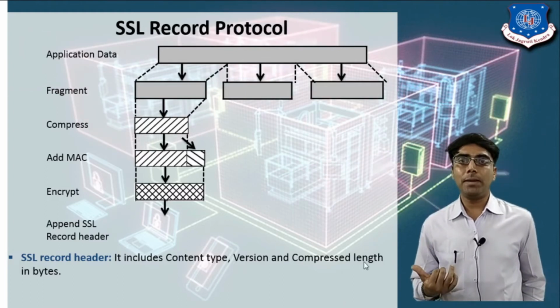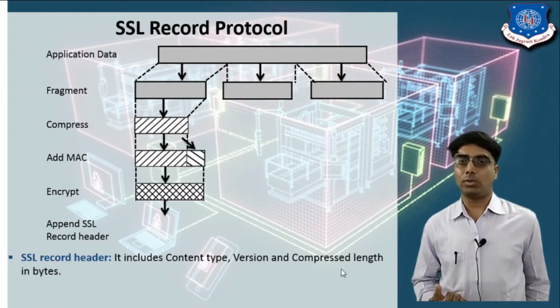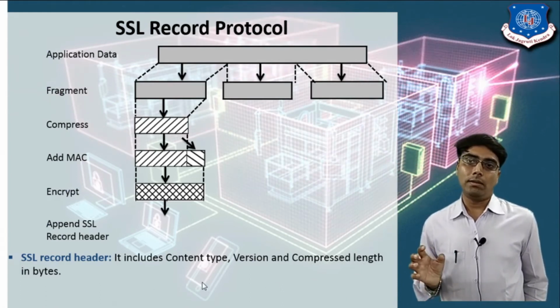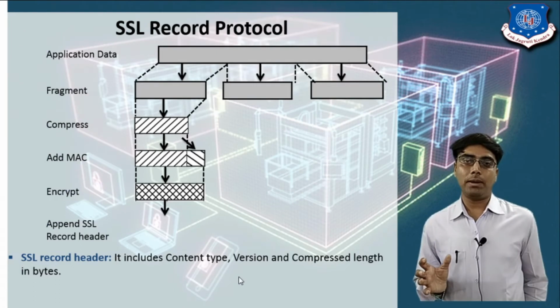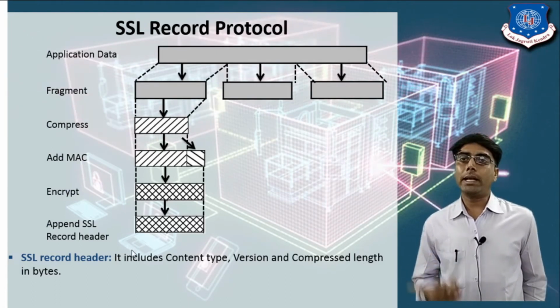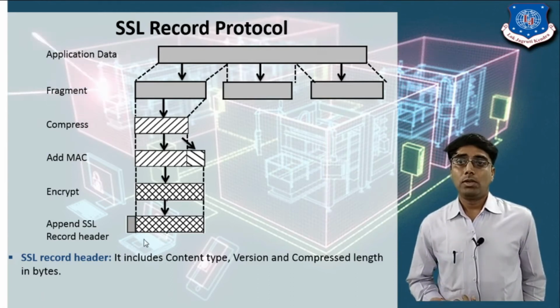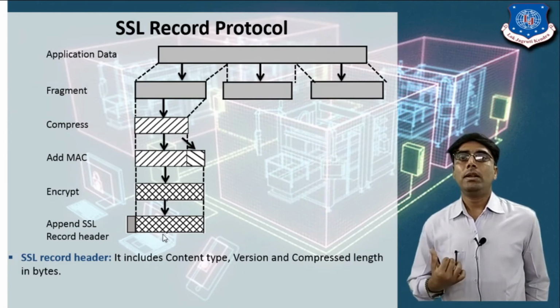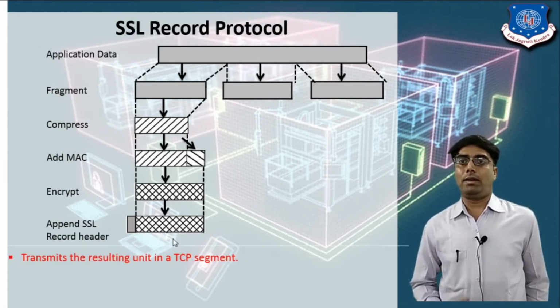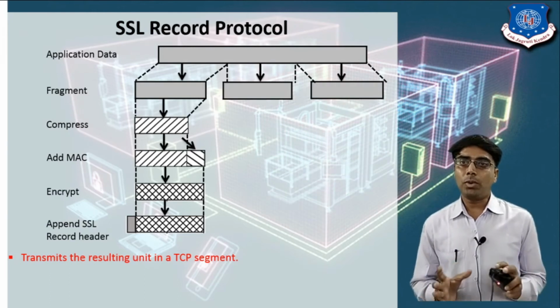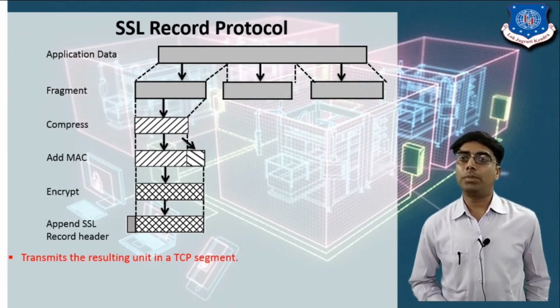It means that we input the plain text length over here. So now these 4 fields are added to the encrypted message. Now this fragmented message will be processed for the higher level. So now this is the overall SSL record protocol.